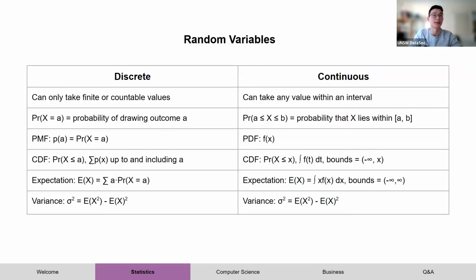The main difference between discrete and continuous is that under discrete variables, if you want to find some kind of value, you'll usually be taking the summation, whereas under a continuous random variable, you'll usually be integrating. And apart from that, you also have some summary statistics, such as the expectation, as well as the variance of those variables.